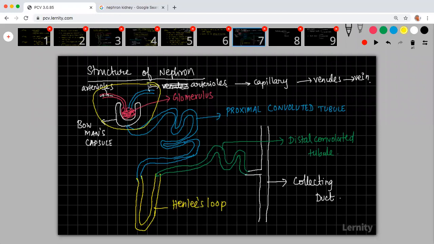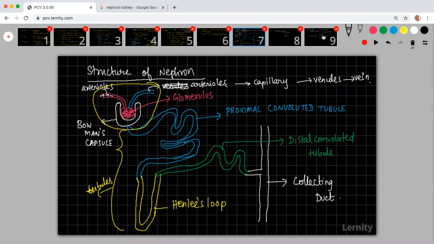This part is called the Malpighian capsule. Whatever part is below that, that you are seeing here, these are the tubules. So this proximal convoluted tubule, this Henle's loop, and then the distal convoluted tubule till the collecting duct, this part is what we call the tubule part.